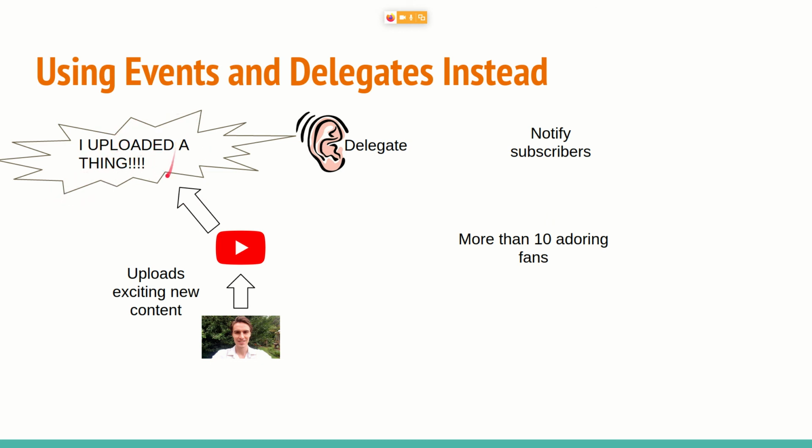You just blurt it out. It seems very inelegant, but it works much better. So we just shout out, I uploaded a thing. The delegate hears this. This is what it was listening for, and it just goes and informs notify subscribers. And notify subscribers goes ahead and notifies the 10 adoring fans.